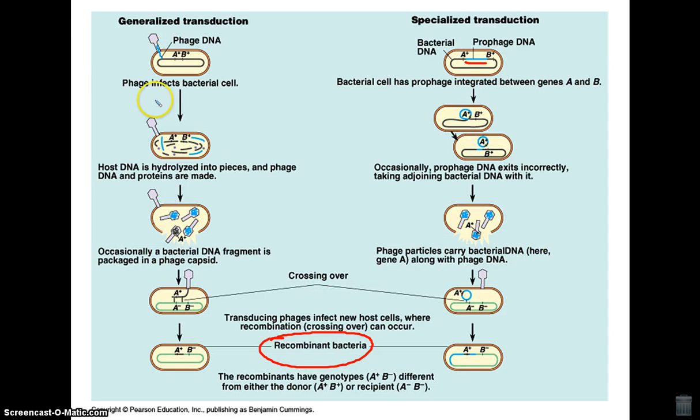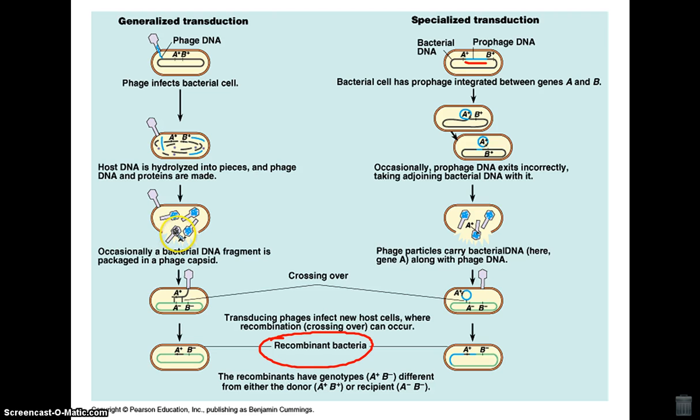So if you look at the diagram here, on the left here's generalized. So here's our bacteriophage infecting the bacteria. And when the host DNA is hydrolyzed, it's chopped up into pieces, and we start replicating the viral DNA and proteins. When they're repackaged, a bacterial DNA fragment is packaged in a phage capsid.